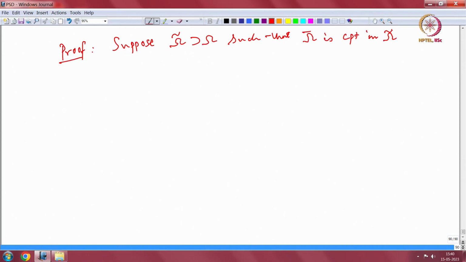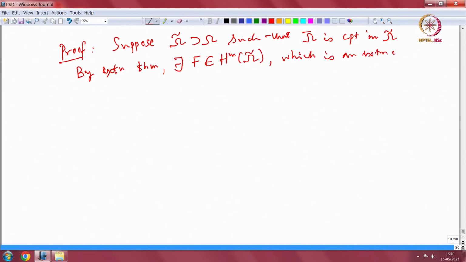So you can cover by a cube or parallelepiped, anything. So by the extension theorem, there exists an f in omega tilde which is an extension of the given f.